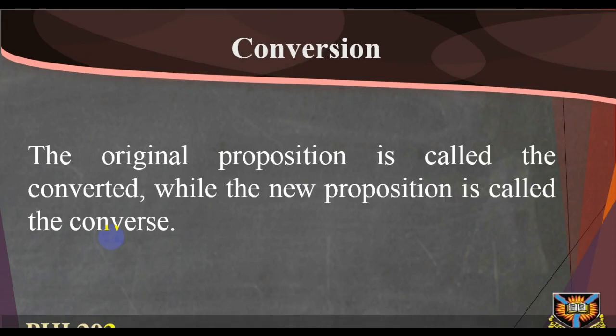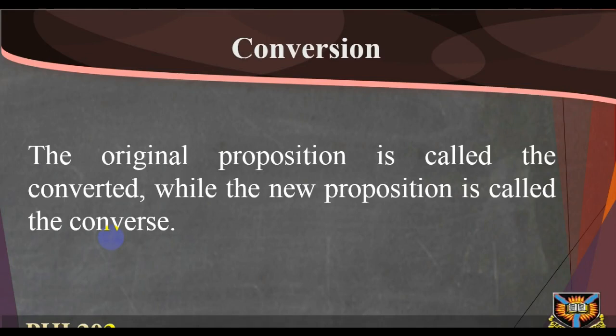Now, if each set of the above propositions is taken to represent a complete argument, for which of them can we say that the inference is valid? Conversion is not valid for the A proposition except by limitation. The process of limitation involves only universal propositions, and it consists in reducing such propositions to particular propositions.